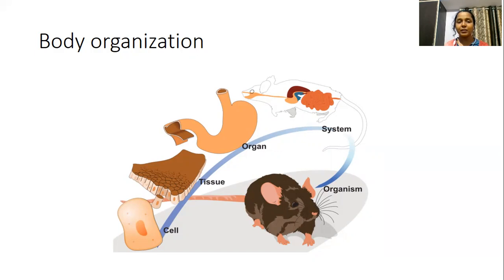In order to cope with that particular environmental condition, they have to undergo changes within their body organization. That is the reason the evolution goes from the cellular level to the tissue level, then to the organ and the organ system level, and ultimately there will be the formation of the organism that will be helpful for the better survival of the individuals.